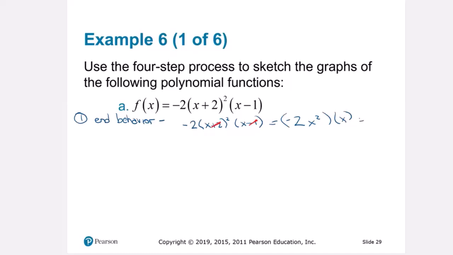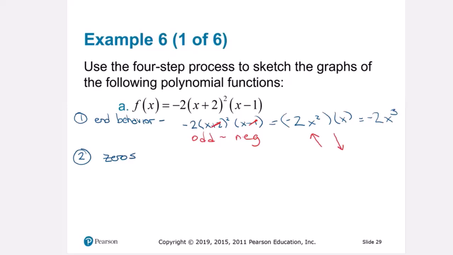My leading term is negative 2x to the 3rd. So it's odd and negative. Looking at the right-hand side, if it was positive, it would go up. If it's negative, the right-hand side goes down. And the left-hand side does the opposite when it's odd. The left-hand side goes up.